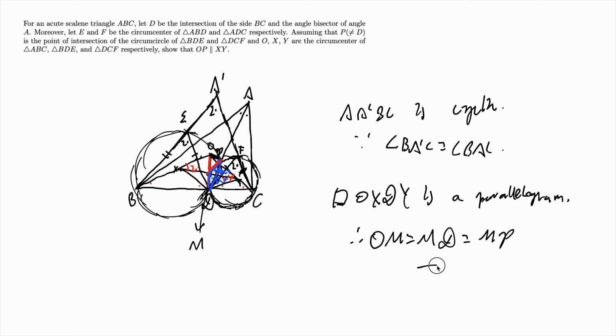Meaning this implies that triangle ODP is actually a right triangle.